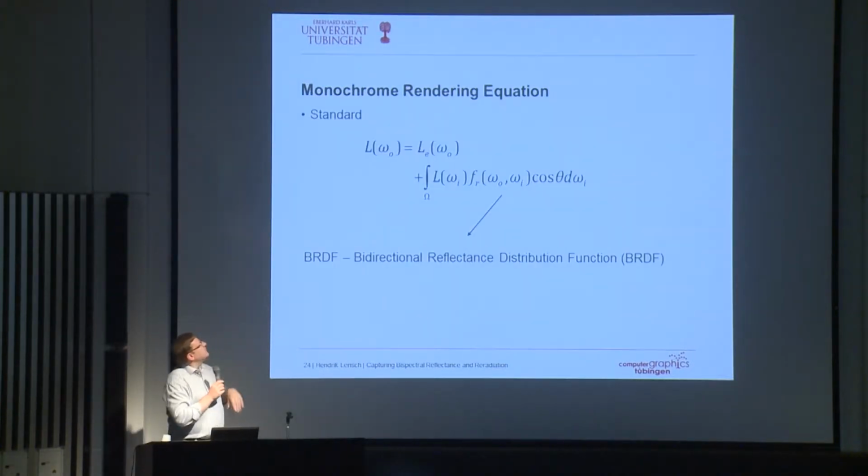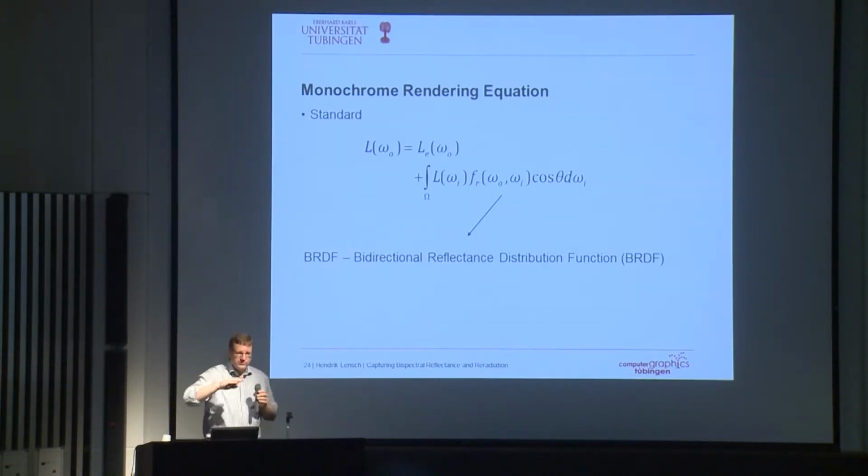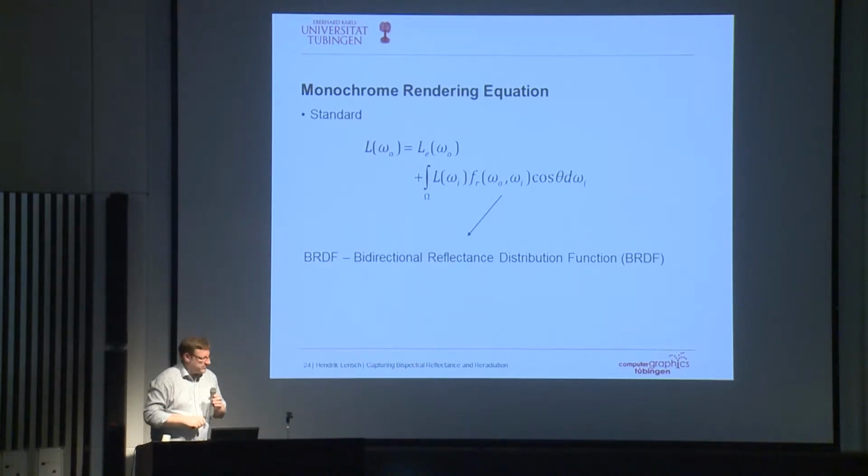So how can we model that? Well, let's start again with the rendering equation. Here again, we are interested in the light that's reflected. Now I left out the position on the surface, okay? So just into some direction, it's the emitted light plus all the light that is reflected. That's just for standard surface reflection, okay?